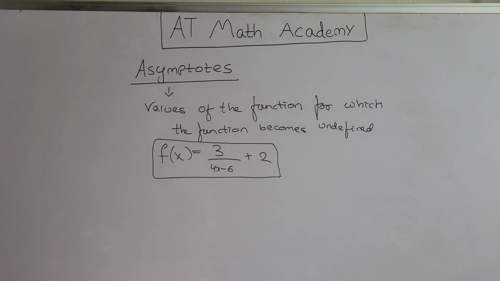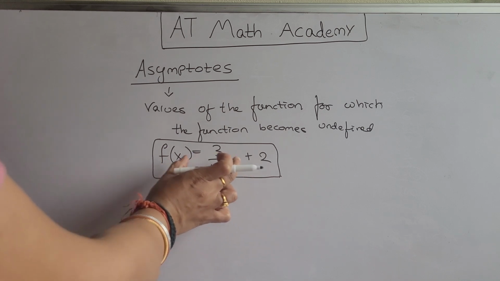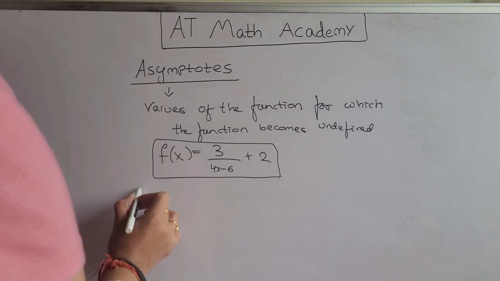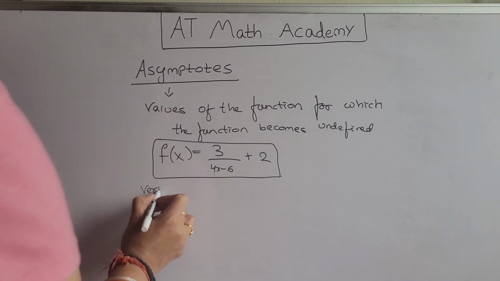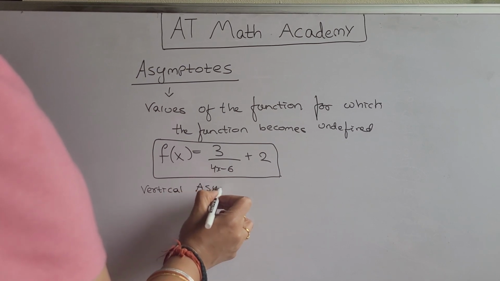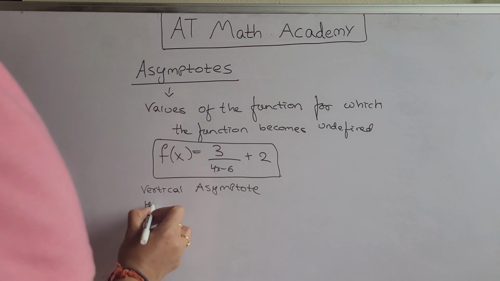So here I'm going to find out the asymptotes, the values for which this function becomes undefined. In order to do that, we will be having a vertical asymptote and a horizontal asymptote.